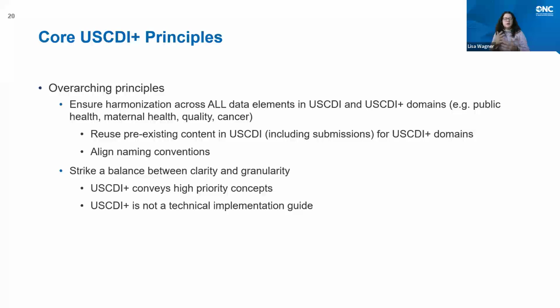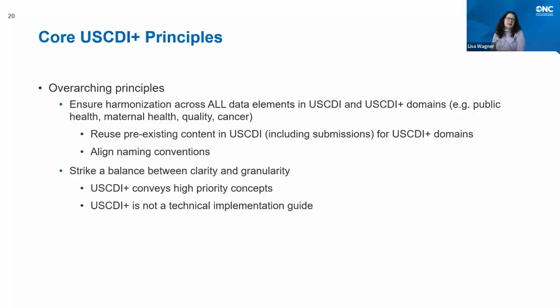And we're also trying to, across domains, align those same data elements as well, thinking through, as we're adding more data elements for quality, does that also apply for something like cancer or public health, to really try to harmonize as we're going along. All along trying to align these different naming conventions.